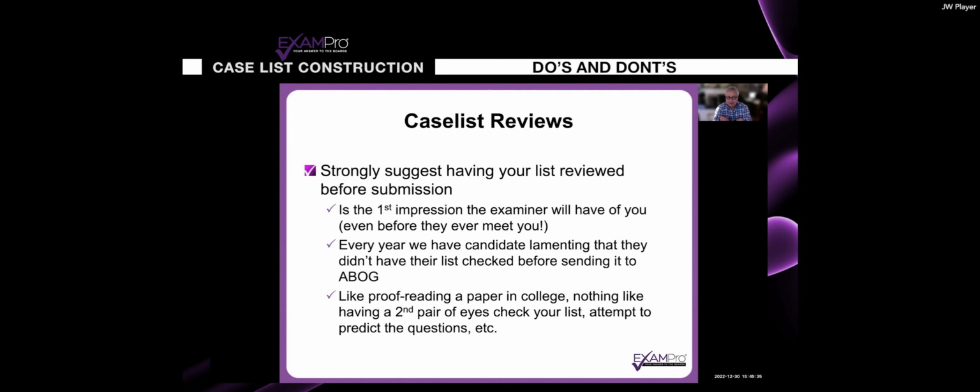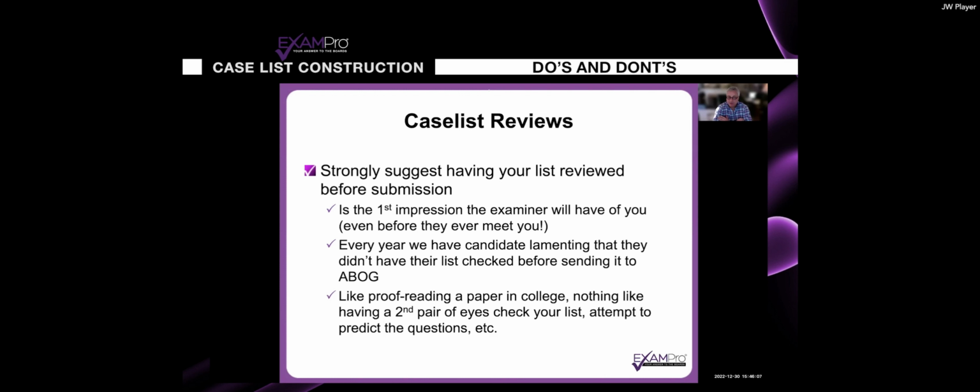But think about it this way, if you were in college and you're trying to proofread your own paper, it's very difficult. There's nothing like having a second pair of eyes check for spelling mistakes, grammatical mistakes. And in this case, not just those situations, but also, did you do a certain thing for a patient before you took them to the operating room, or knowing some other relevant facts, or perhaps even listing these on your list.